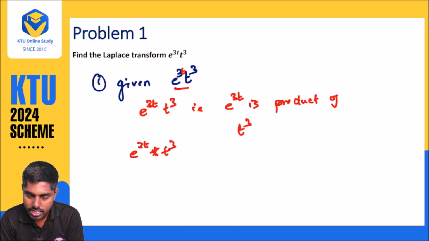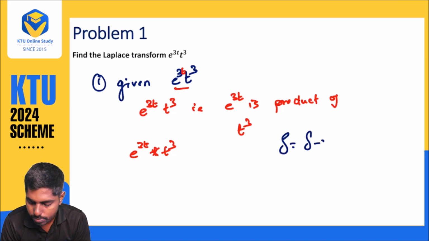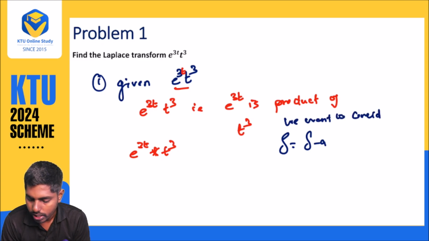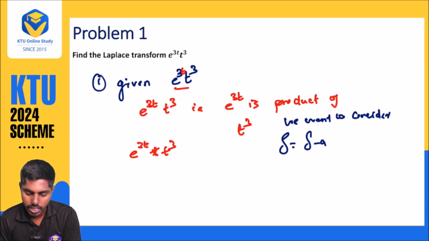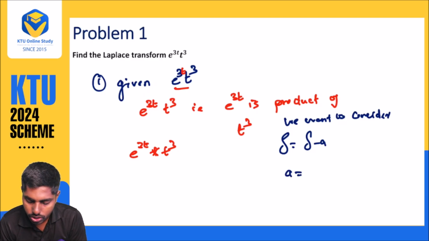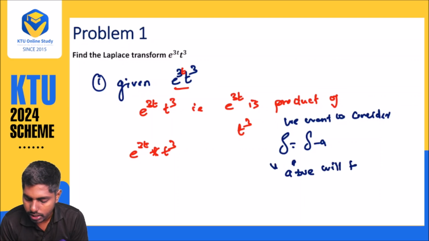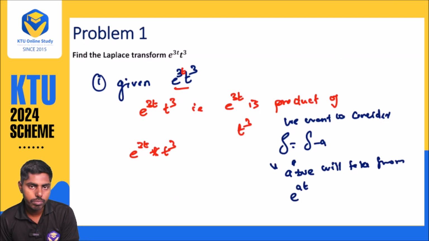So here if you observe, e power of 3t is in product form with t cube. In this case, what we want to do is treat x as x minus a. That a we take from the e power of at.